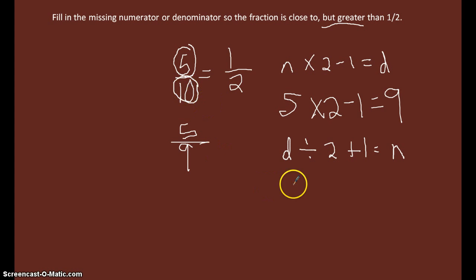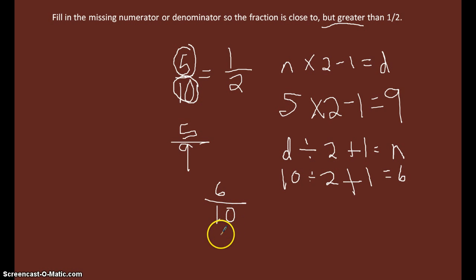For instance, if we have 10 here and we divide 10 by 2, that's going to give us 5, and 5 plus 1 is going to give us 6. So if we have 6 as our numerator and our denominator is 10, we have a fraction that is close to half, but it's greater.